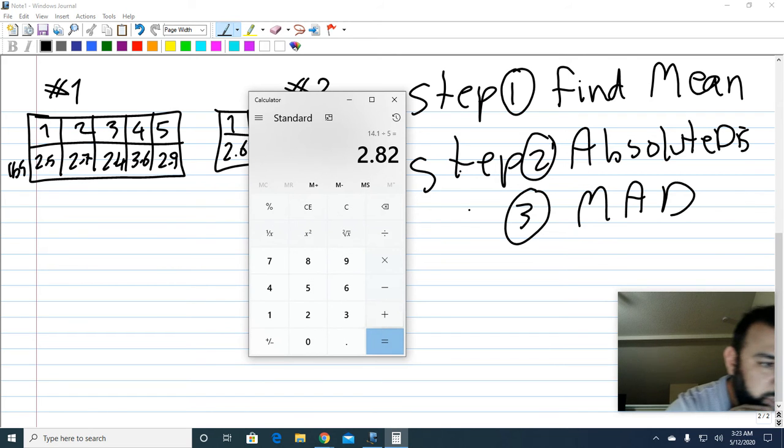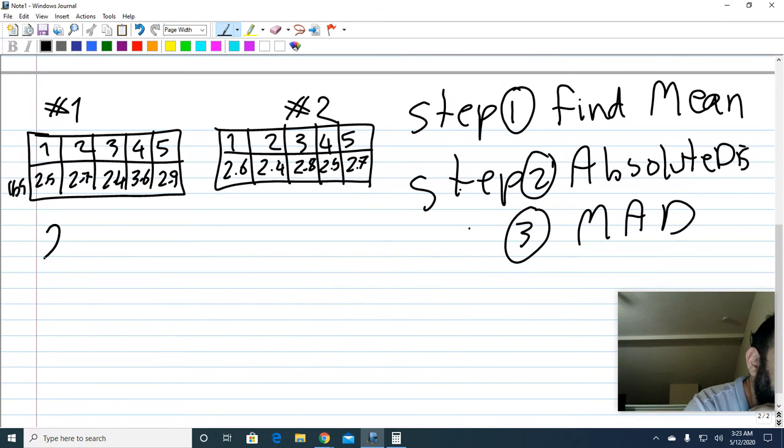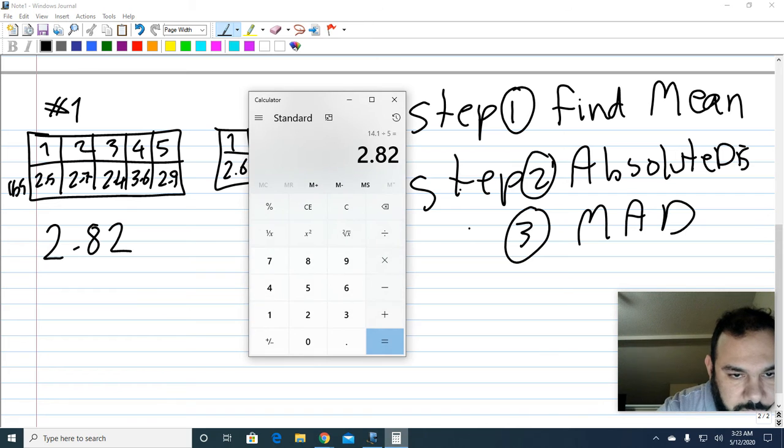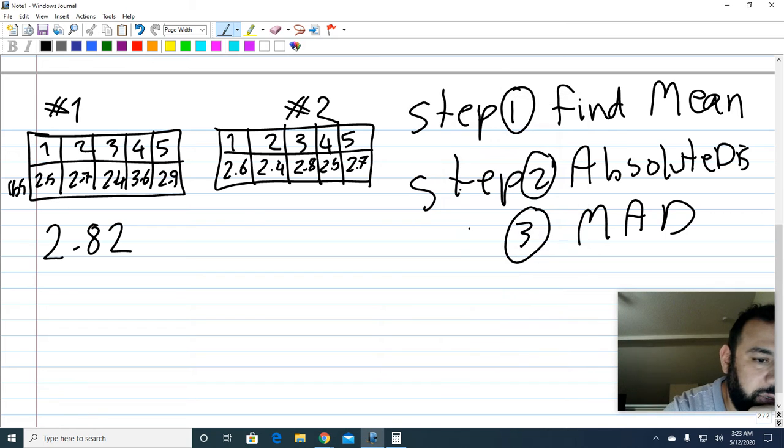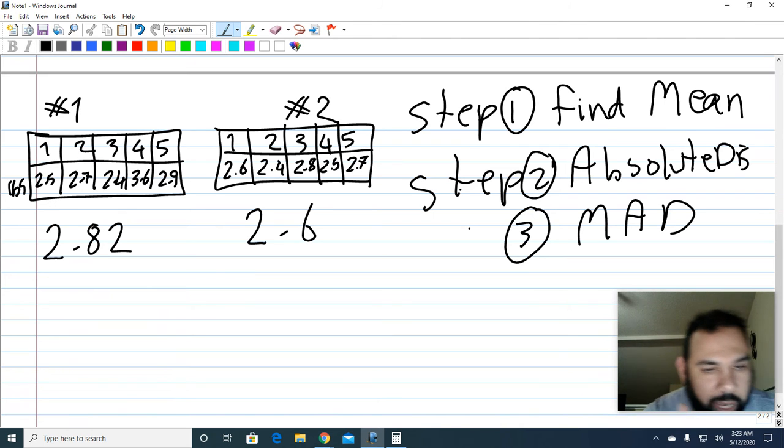So the average here is 2.82. For the other type of food, number 2, we have 2.6 plus 2.4 plus 2.8 plus 2.5 plus 2.7. This gives a total of 13. 13 divided by 5 is 2.6. So far, you still can't tell which food has less variability.